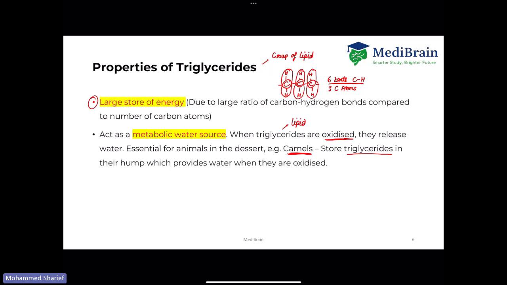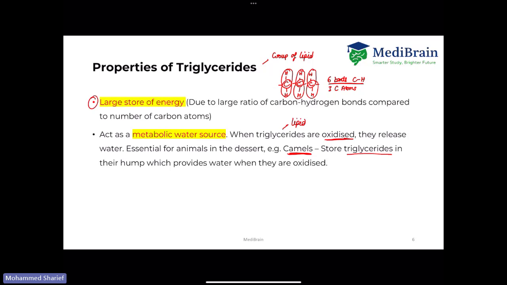And in the desert, there's less water, so camels have to conserve the water that they have within their body. And in order to do so, they need to store as many of these triglycerides as they can. Because when triglycerides are oxidized, they release water. So camels can use this water because there's a shortage of water within the desert.